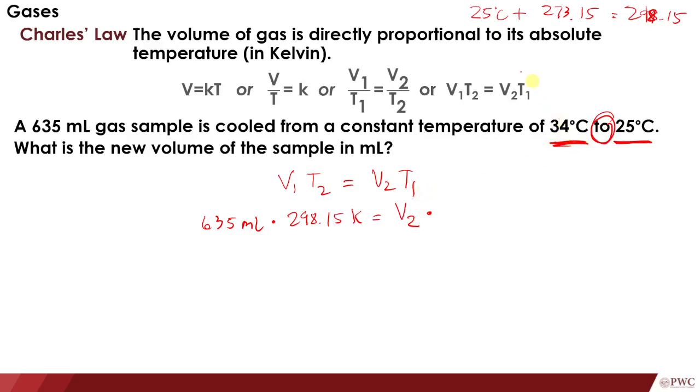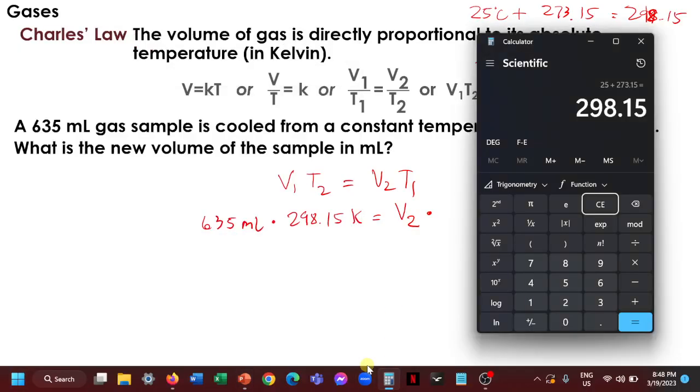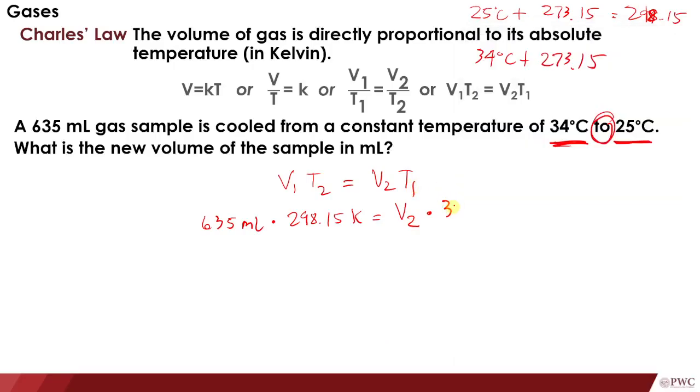That's 34 degrees Celsius. 34 plus 273.15 is equal to 307.15 Kelvin. Then the same thing, divide both sides by this number, 307.15 Kelvin, to get V2.